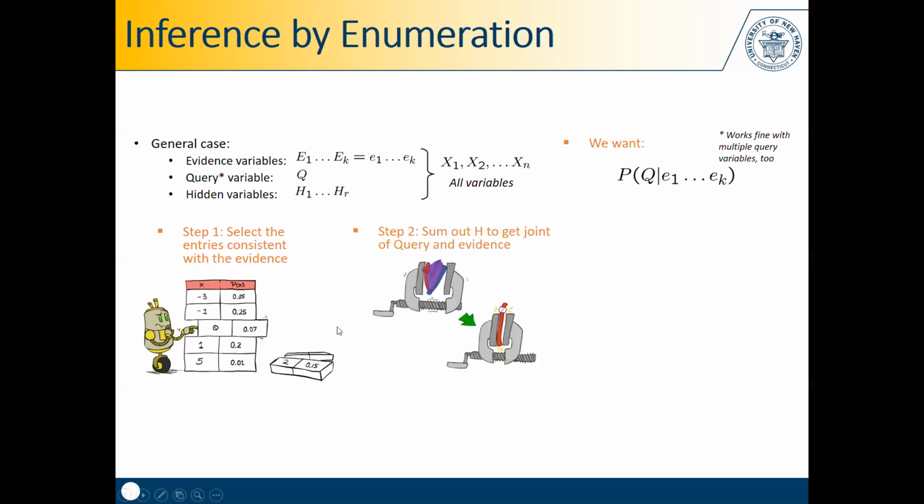This makes our joint probability distribution table smaller and more tractable for computation. In the second step, we sum out the hidden variables to get the joint probability distribution of query and evidence. What does that mean?